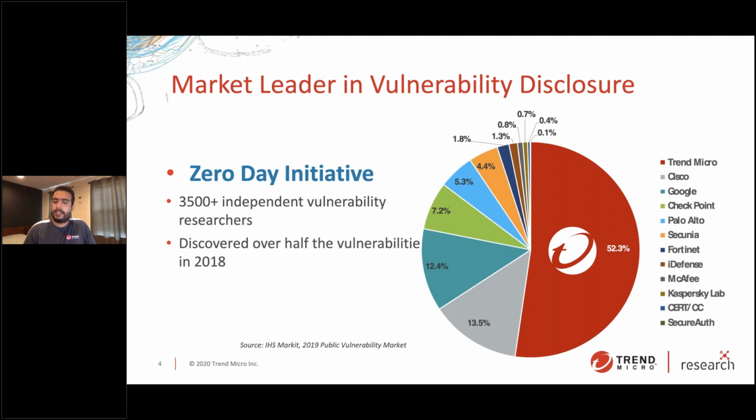So we provide the most trusted facility in the industry today for vulnerability researchers to commercialize their findings. And we take the responsibility of making sure that vulnerabilities are not disclosed too early. So we handle the vulnerability process with a series of vendors.